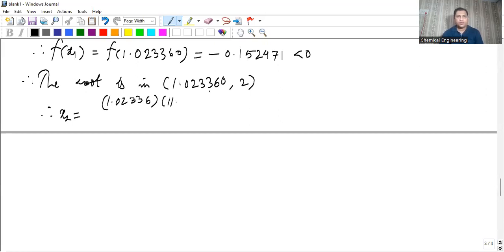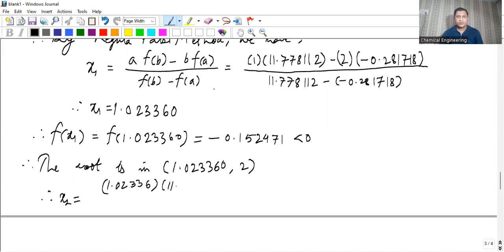So it is going to be 11.7781112 minus 2 into, this is minus, this is going to be 0.152471.